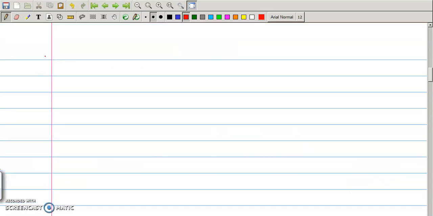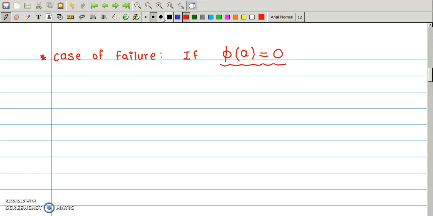Now we check if a case of failure arises. So we deal with the case of failure, that is, after replacing d by a, if we get 0, then what happens?